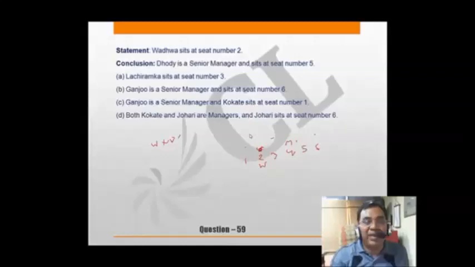Then he'll come down to manager. So that is wrong. Ganju is a senior manager and Kokate sits at seat number 1. Nothing can become. Both Kokate and Johari are managers and Johari sits at seat number 6.